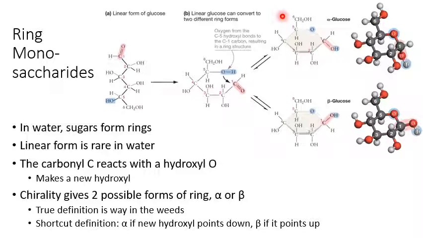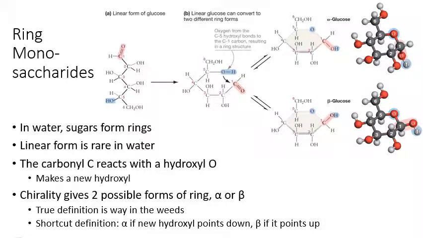And we have different names for those different rings. One of them is the alpha ring, and one of them is the beta ring. We call it the alpha ring if the new hydroxyl group that you formed is pointing down. So on top here, where this new hydroxyl group is pointing down, this is the alpha ring form of glucose. So we call that alpha glucose. On the bottom, we have the new hydroxyl group pointing up. So that's going to be the beta form of the ring, and we're going to call that beta glucose.